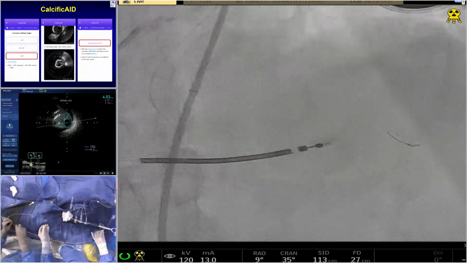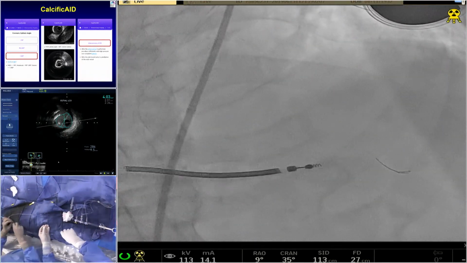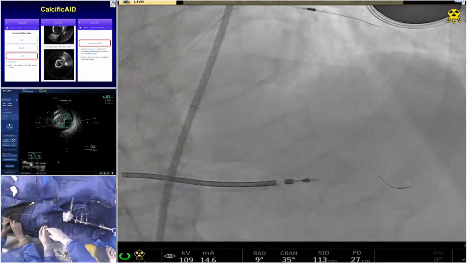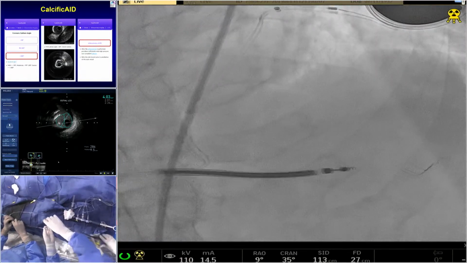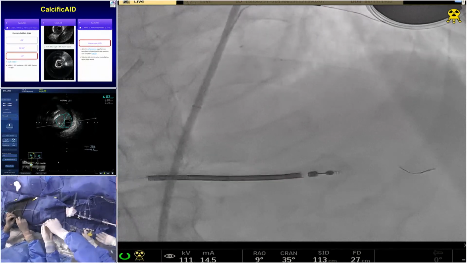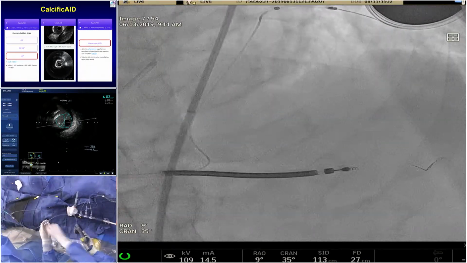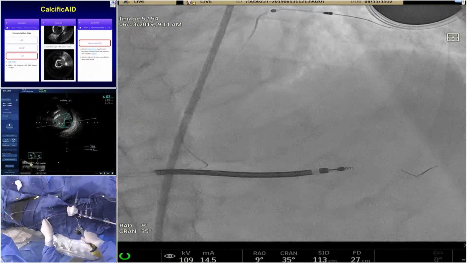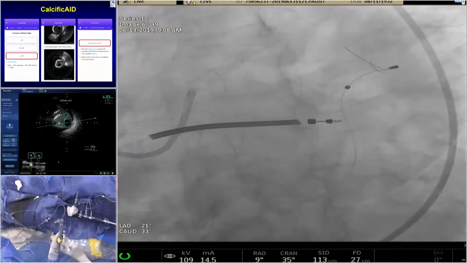I think we have a mixed result from Dr. Colombo. Take care of the LAD. The question of the left main, please clarify, Dr. Colombo, as Dr. Kinney is deciding what she's going to do. And she'll tell us what she's going to do based on her calcific aid and her own judgment. Dr. Colombo?